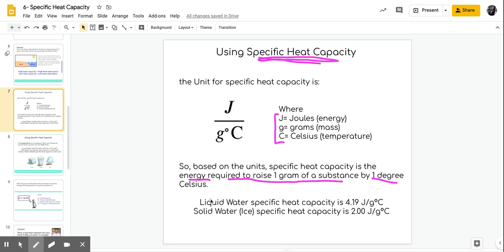So liquid water has a specific heat capacity of 4.19 joules per gram degree Celsius. Solid water, aka ice, has a specific heat capacity of 2.00 joules per gram degree Celsius. You'll notice both are water, but they are in different states, which means that the specific heat capacity does actually change.